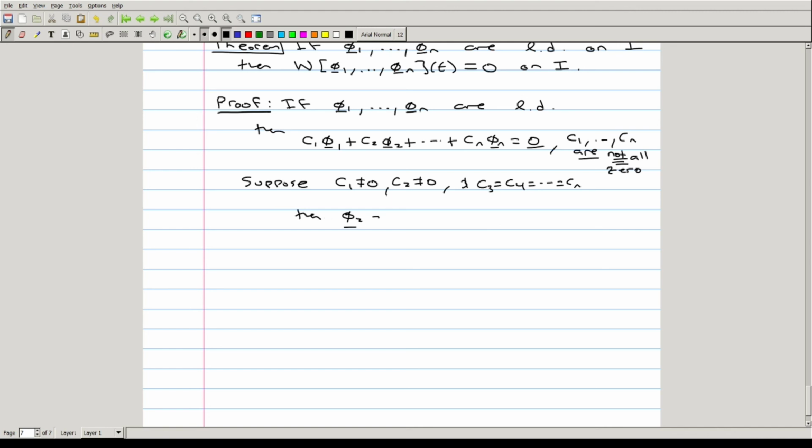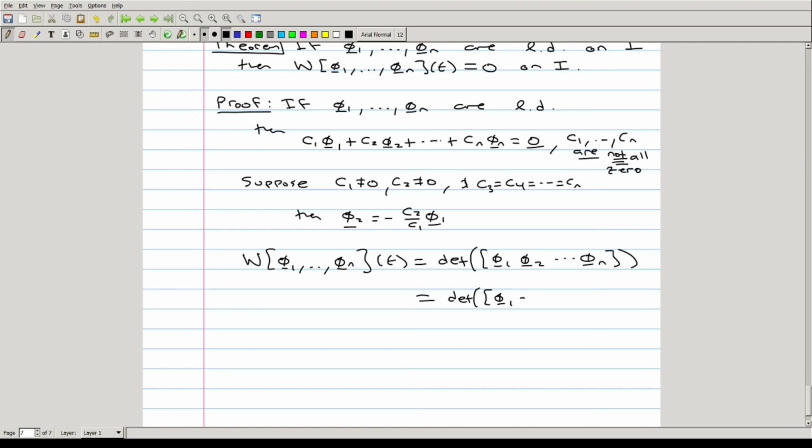Then phi2 is equal to negative C2 over C1 times phi1, and the Wronskian of phi1 to phi(n) is the determinant of the matrix capital Phi, but phi2 is linearly dependent on phi1, so this is the determinant of phi1, negative C2 over C1 times phi1, to phi(n).